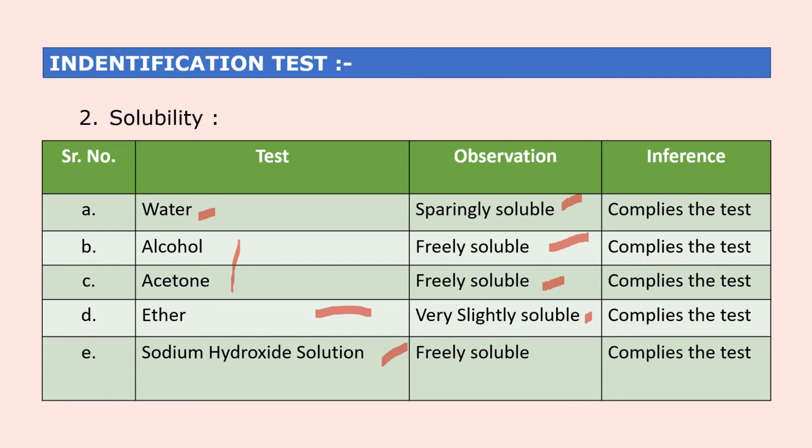Sodium hydroxide, it is again freely soluble. I will require a quantity of 1 to 10 ml. If the given sample fulfills all these four criteria of solubility, in inference I will write down it complies the test as per Indian Pharmacopoeia, that is IP 1996.